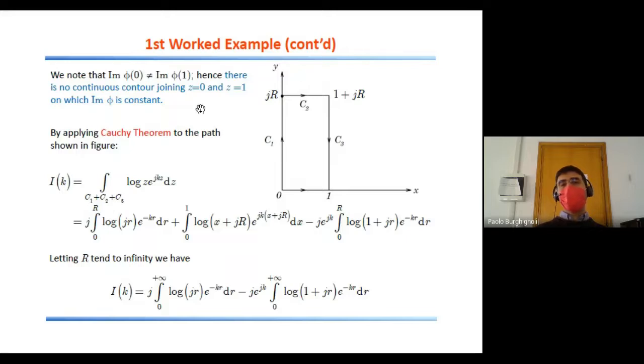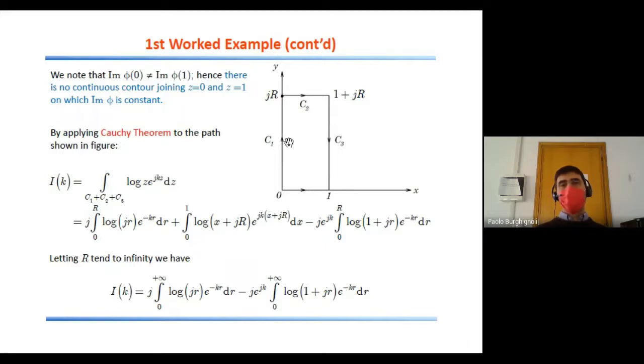So in this case, what we can do is to try with the Cauchy theorem to connect the points 0 and 1 in the complex plane, but instead of going through the real axis, as in the original integral, we will go through this deformed contour that is made from a vertical segment, C1, a horizontal segment, C2, at some height, R, above the origin, and then we will come finally to 1 through this vertical C3 path.